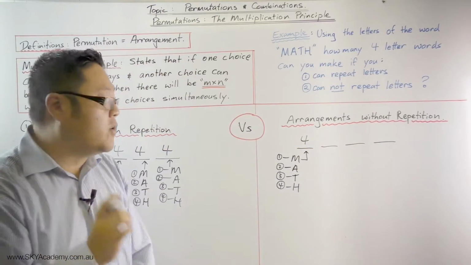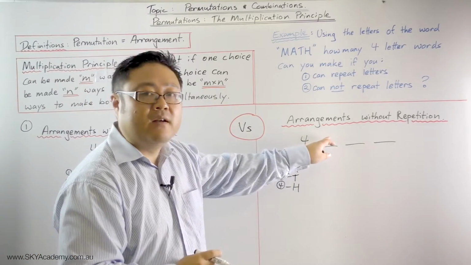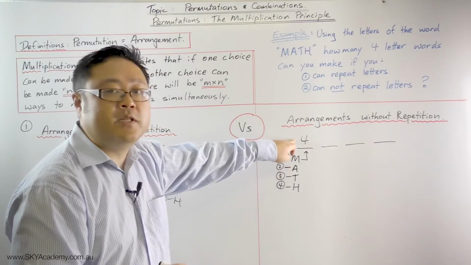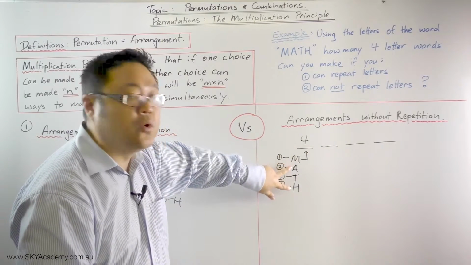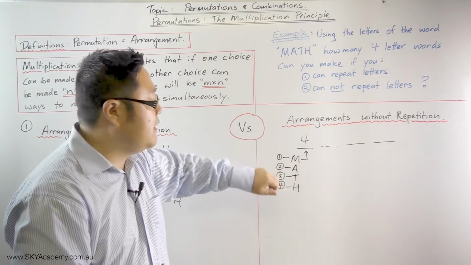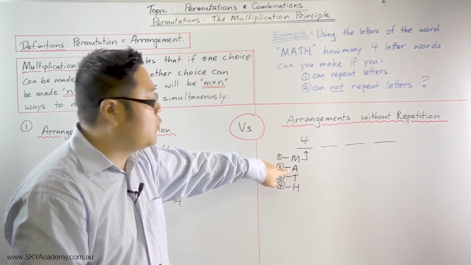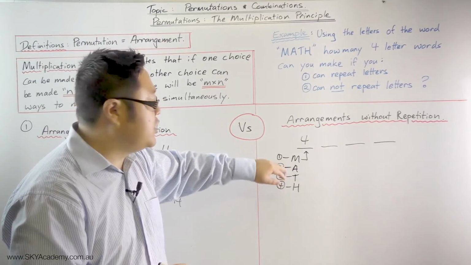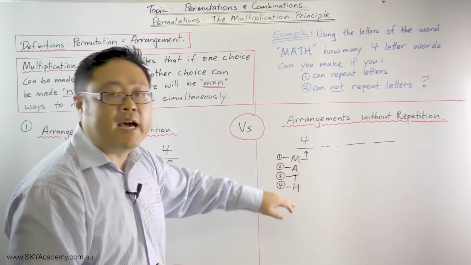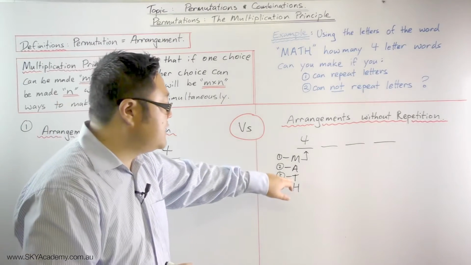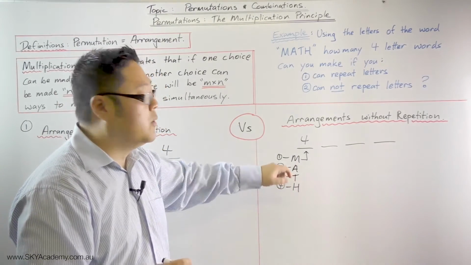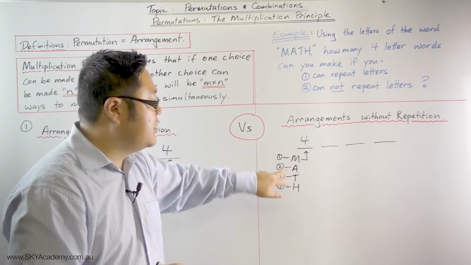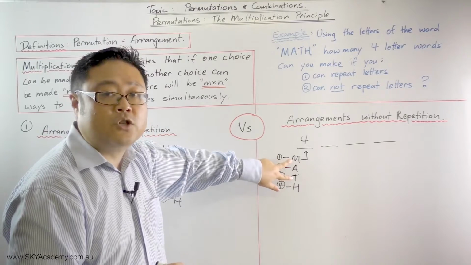How many selections can you make for position 2? Now, if we've chosen M for position 1, you'll only have 3 choices left, the A, T, and the H. If you choose A for position 1, you will still only have 3 choices left, but a different 3: the letters M, T, and H. If you choose T for the first position, you'll have 3 choices, M, A, and H. And if you choose H, you'll have the first 3 letters to choose from.